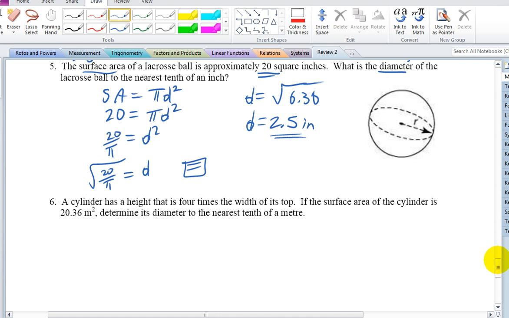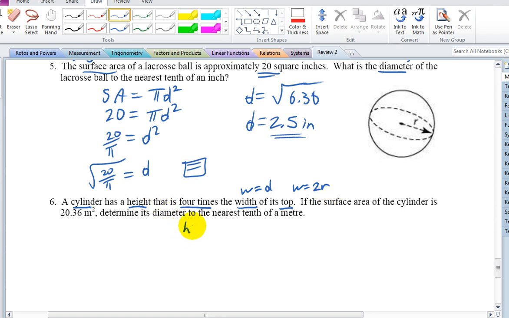So, a cylinder has a height that's 4 times the width of its top. Okay. So, the width equals the diameter. So the width equals 2 times the radius.